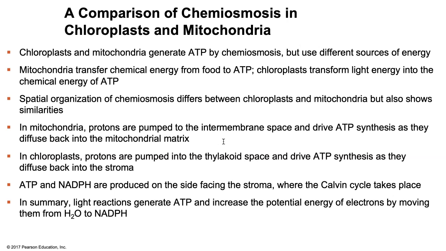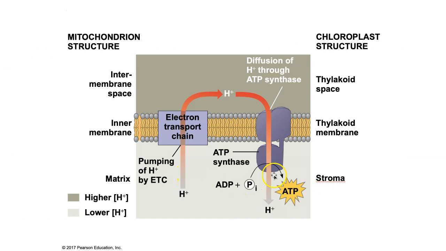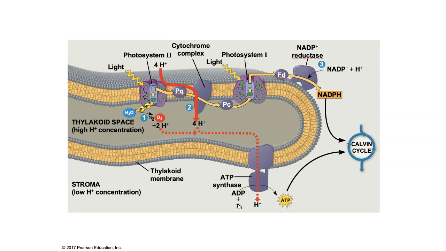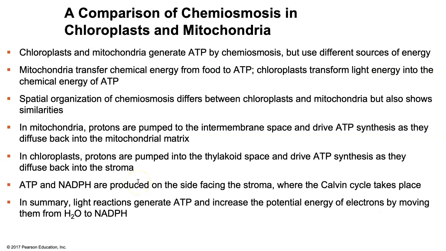ATP and NADPH are produced on the side facing the stroma where the Calvin cycle takes place. Yep, so the Calvin cycle occurring over here in the stroma, again, very important. And in summary, light reactions generate ATP and increase the potential energy of electrons by moving them from water to NADPH.